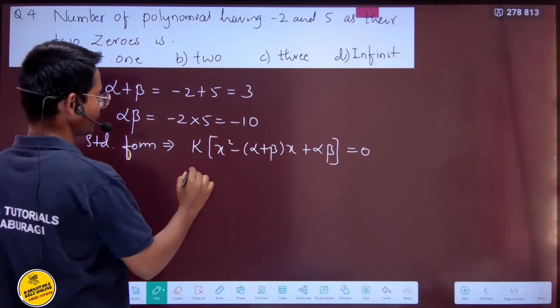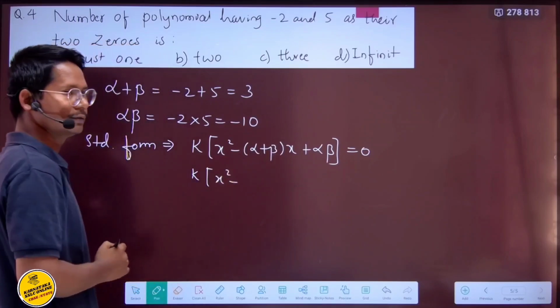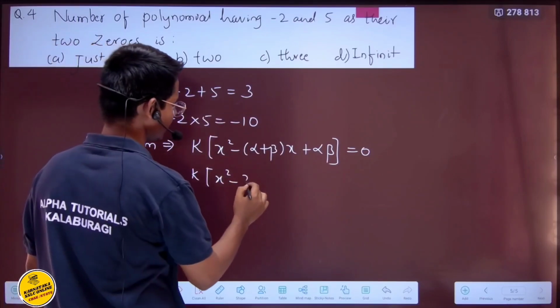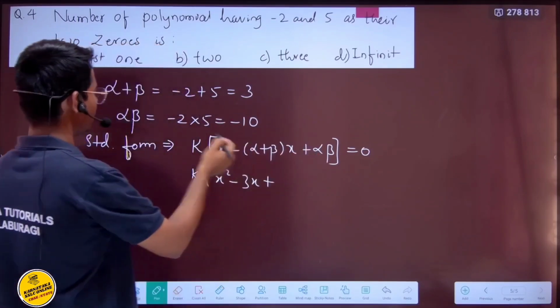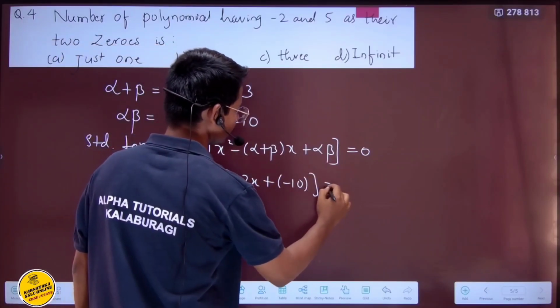So here k, x square minus the sum of zeros, which we have got as 3x, plus the product of zeros, which we have got as minus 10, equal to 0.